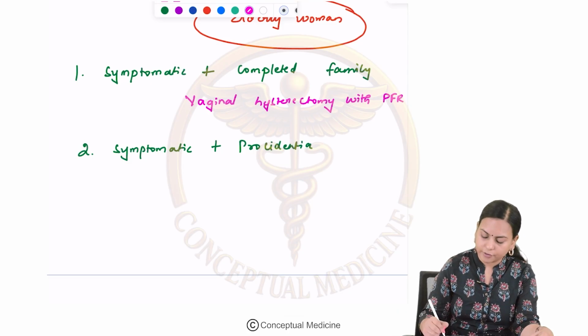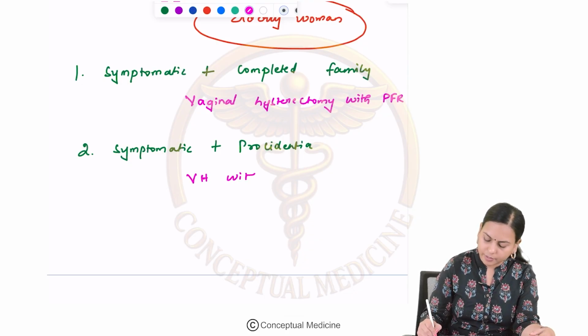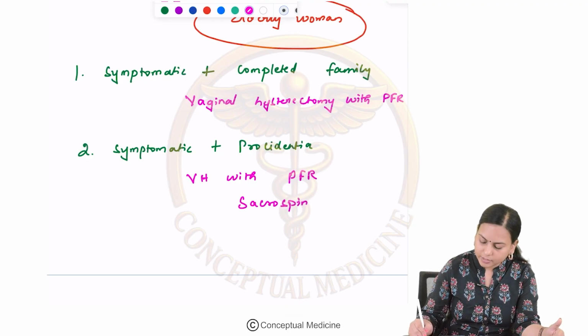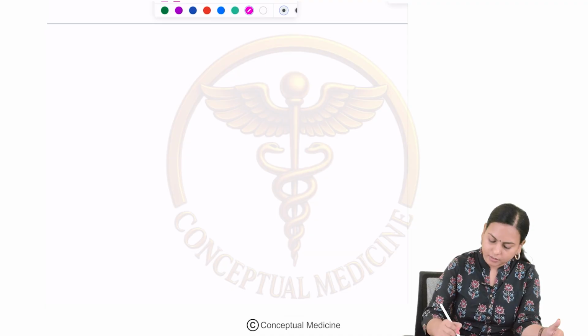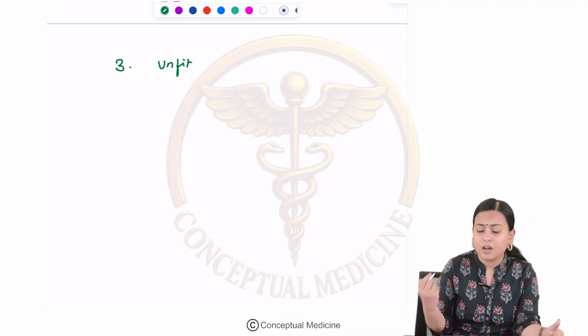You have to offer them definitely vaginal hysterectomy with pelvic floor repair, but additionally you have to do sacrospinous colpopexy as well.